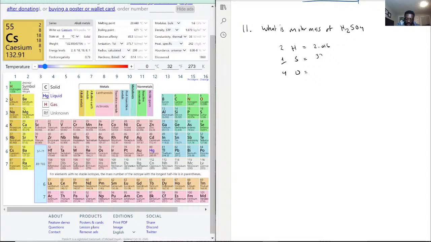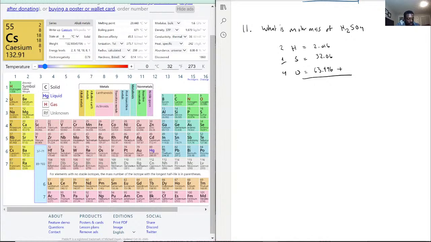Sulfur is 32.06, and 15.999 times 4 is 63.996, and we add these all together.